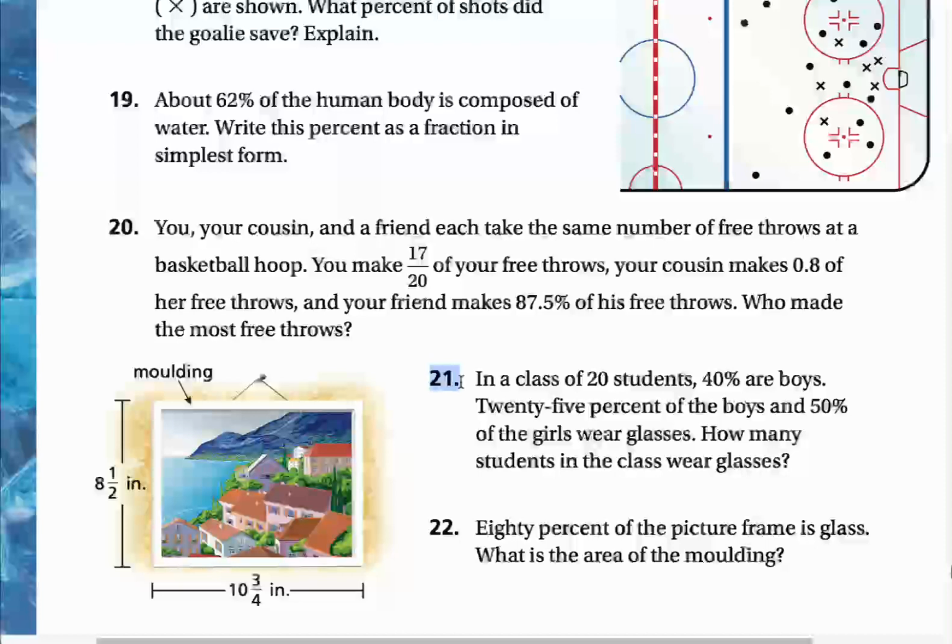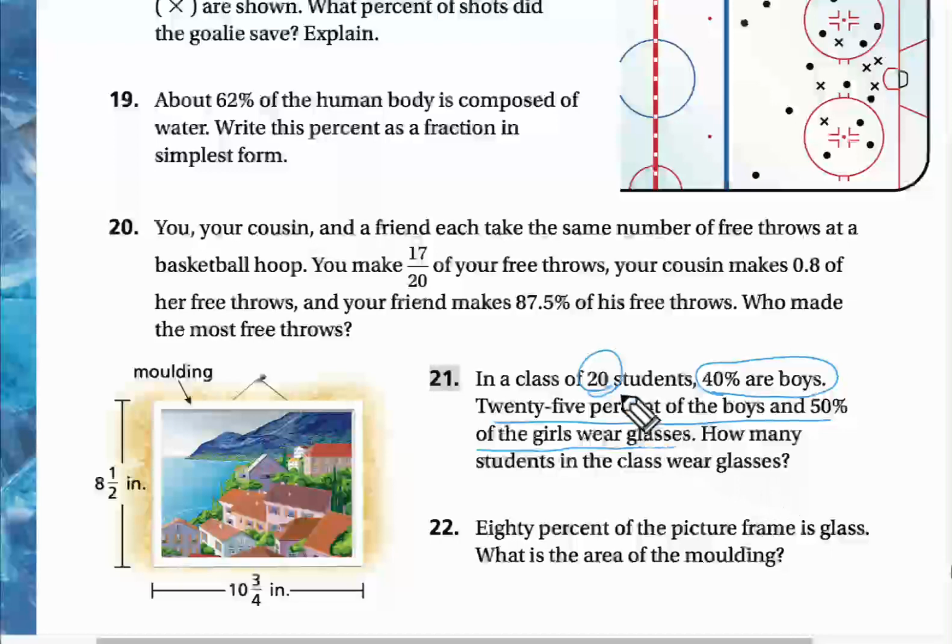In a class of 20 students, 40% are boys, 25% of the boys and 50% of the girls wear glasses. How many students in the class wear glasses? Oh, this is too many things here.